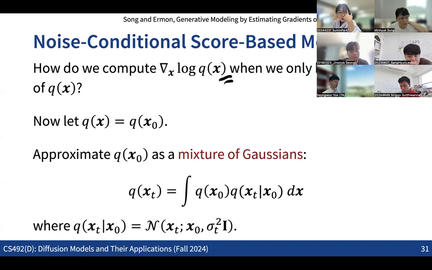So now we are not directly taking QX0 as our distribution, but slightly perturbing each of the X0 with some Gaussian, taking this Gaussian distribution as a convolution kernel, in terms of making a slightly corrupted distribution.